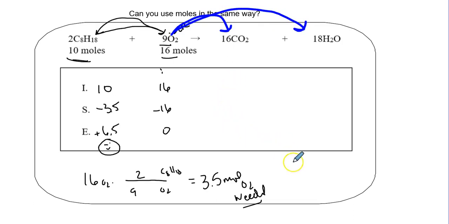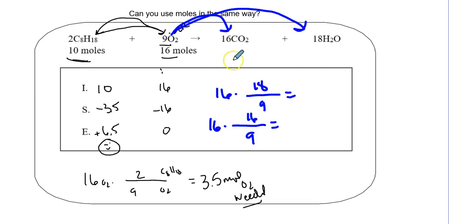And I will just show the work here, which is going to be 16 at a 9:16 ratio and 16 at a 9:18 ratio. So our amount we get of this will be bigger than 16. And this will be bigger than that one, even more.